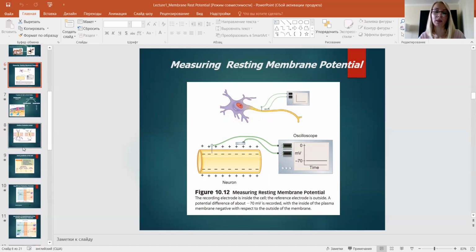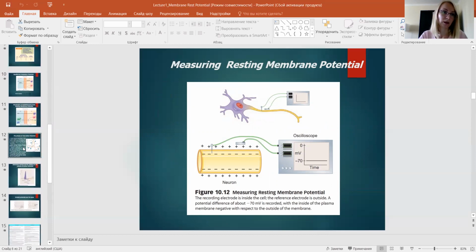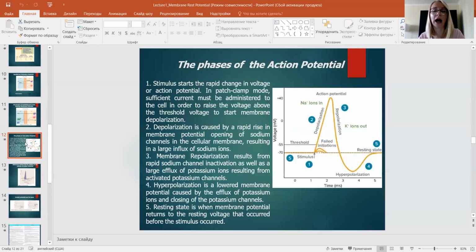But when a stimulus is applied to the cell and the cell is no longer in the state of rest, then sodium ions move into the cell, and the potential difference is reversed. Now on the outer side of the cell membrane we have negatively charged ions, and in the inner side, we have positively charged ions. This phase of the development of action potential is called depolarization.